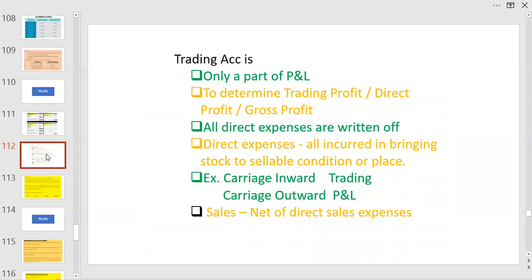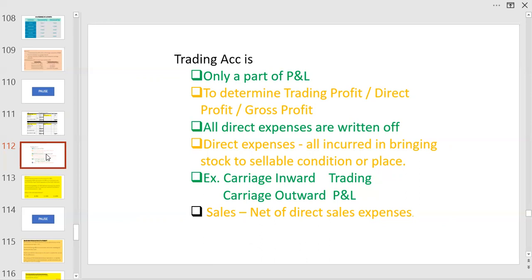Therefore, we usually use this trading account. So direct expenses are taken into the trading account as I explained to you earlier, right? And the direct expenses again further explained here, all incurred in bringing the stock to a saleable condition or a selling place. Right, now these are explained here.